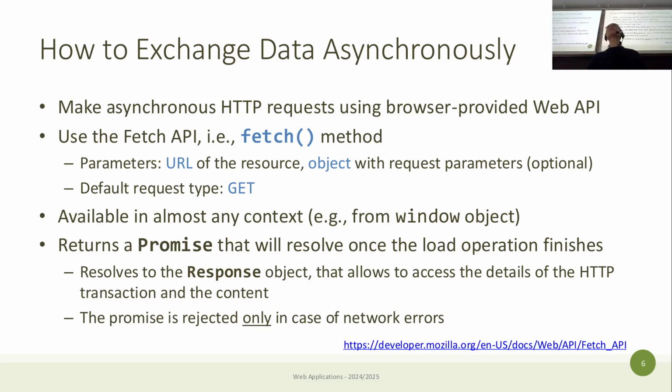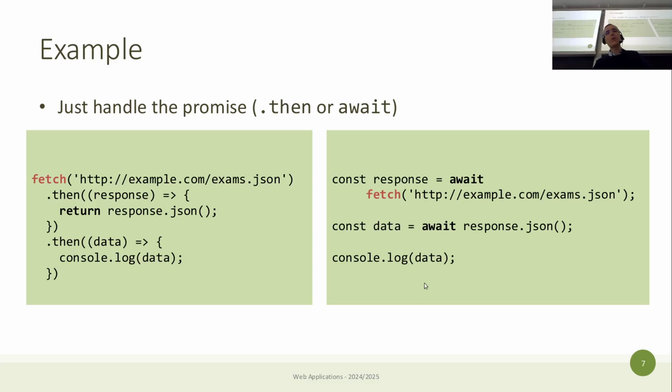We only need to understand how these objects are formed, I mean, how to process the promise and how to pass an object to the fetch to perform requests different from the GET. The promise is always resolved as successful except in case of network errors. We will come back to this point.